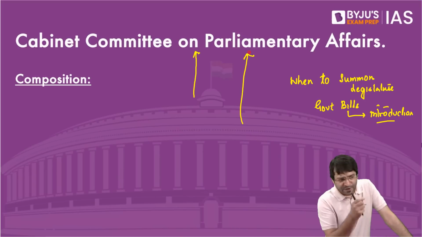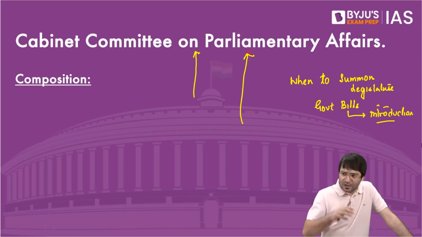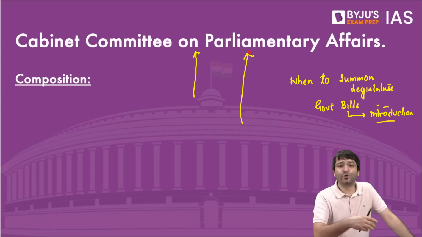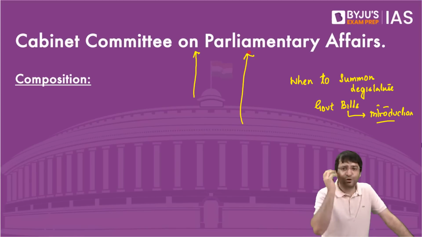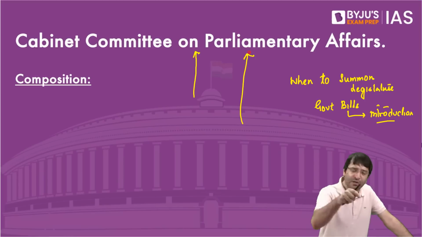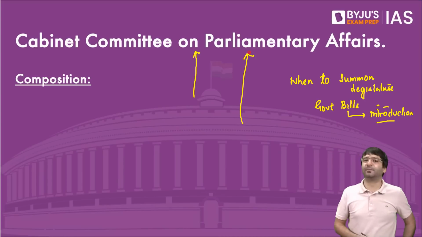Similarly, when Parliament is going to be summoned, for how many days Parliament should function, when Parliament is going to be prorogued, when the session is going to be terminated, although that is decided by the President, in reality it is on the advice of the Council of Ministers, and in practice on the advice of the Cabinet Committee on Parliamentary Affairs.